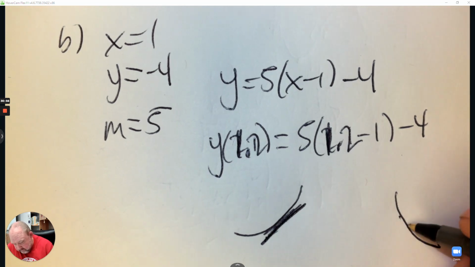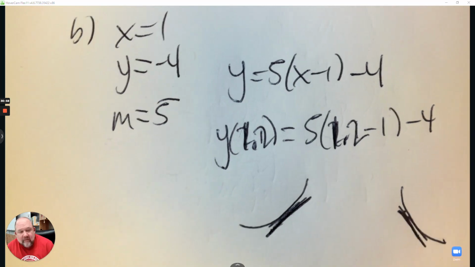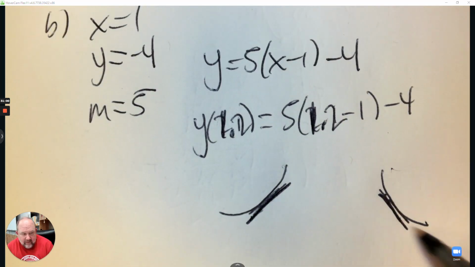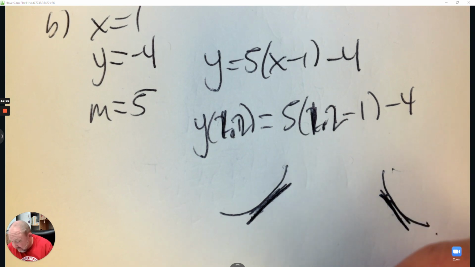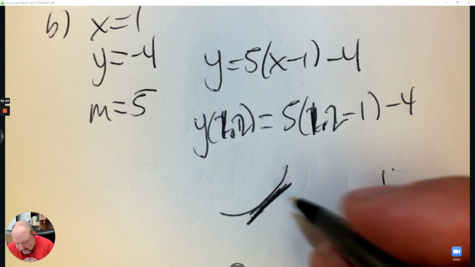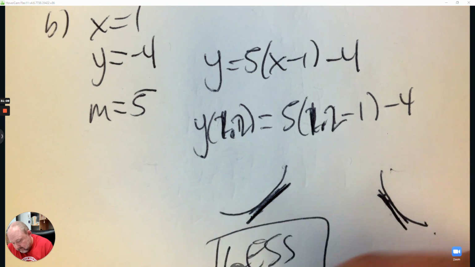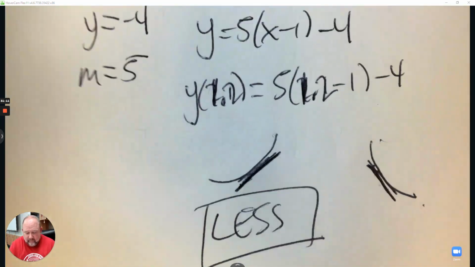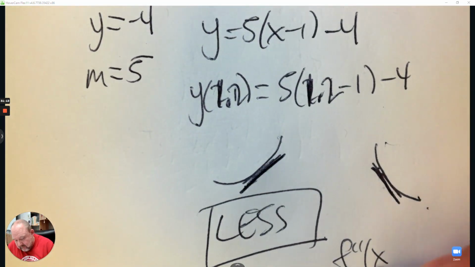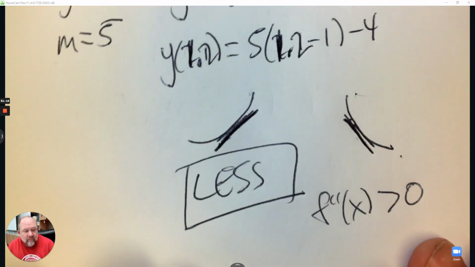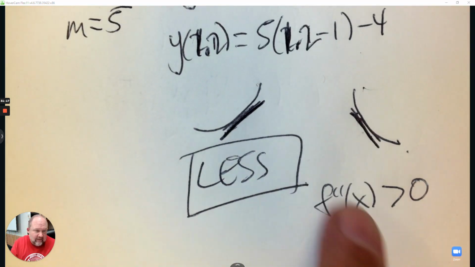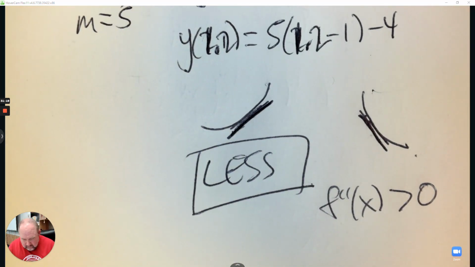Either way, whether it was increasing or decreasing, if it's concave up, the tangent line is always below. So the estimate is less. That's because the second derivative is greater than 0, and the tangent line would be less than that. All right, almost there.